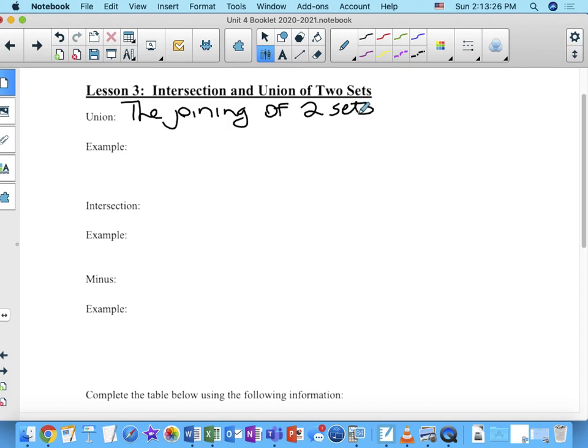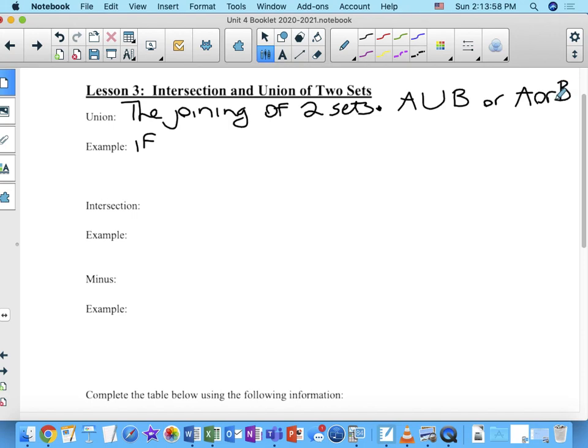And the symbol, by the way, that we use is the letter U. It's kind of a stretched out U. So we would say A union B, or we would say the word or, actually, A or B, okay?